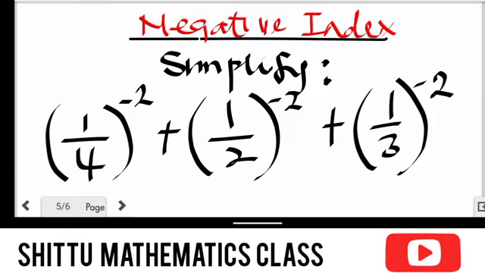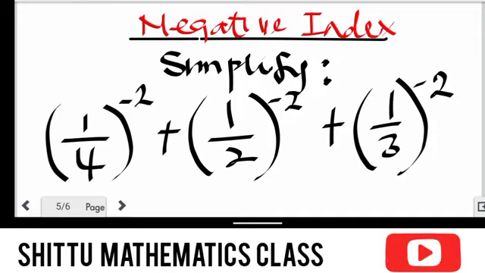Let me repeat it again. (1 over 4) to power minus 2, and (1 over 2) to power negative 2, plus (1 over 3) to power of negative 2. So now we need to solve this. How are we going to solve this?